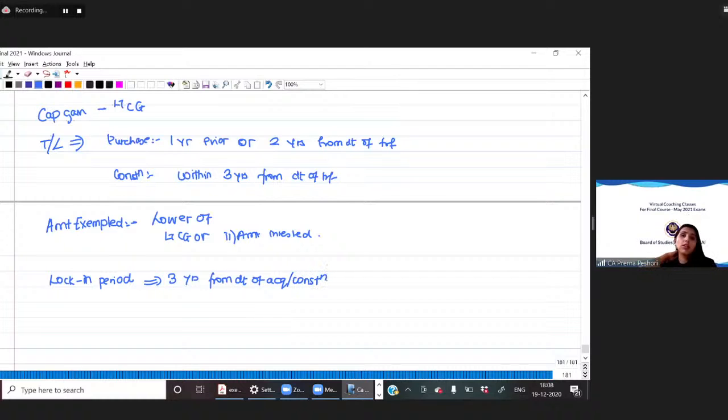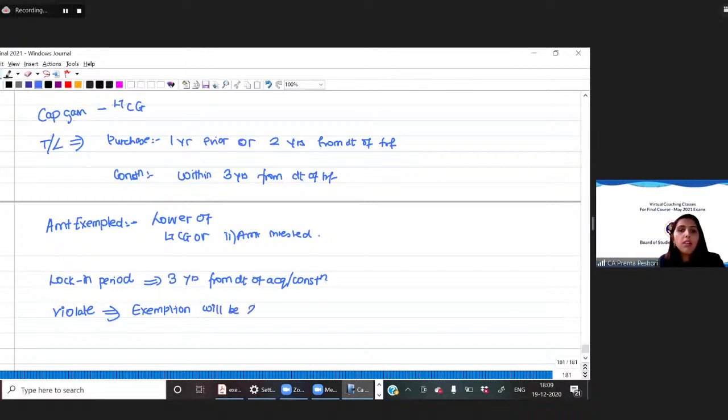So you cannot sell the new asset within a period of 3 years from the date of acquisition or construction. And in case you violate or break the lock-in period, say before 3 years from the date of acquisition or construction, then the exemption claimed earlier will be revoked.